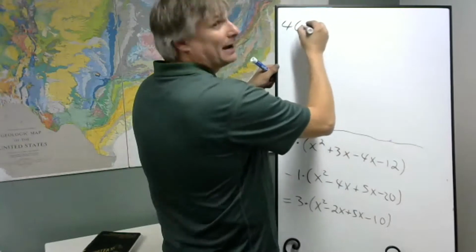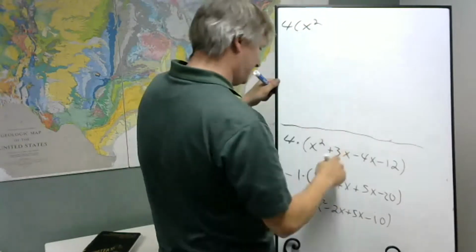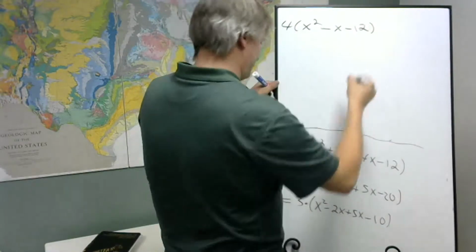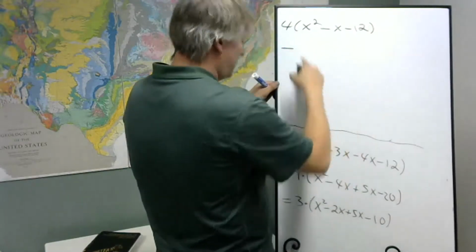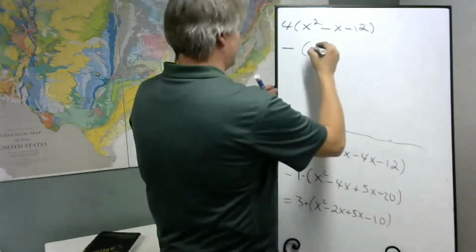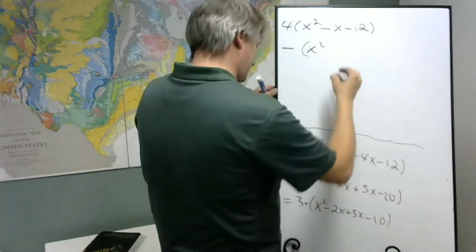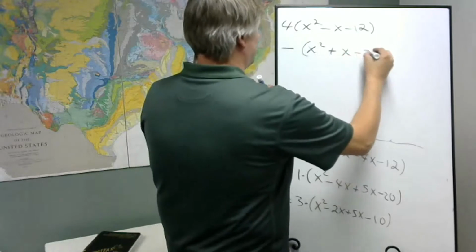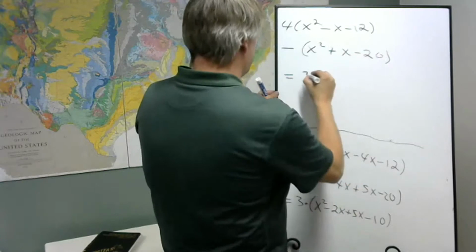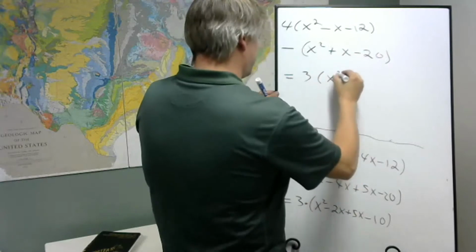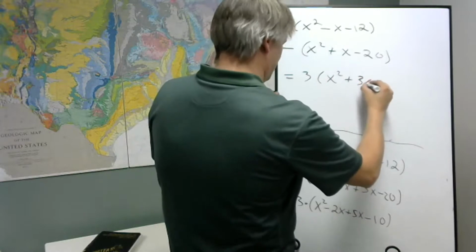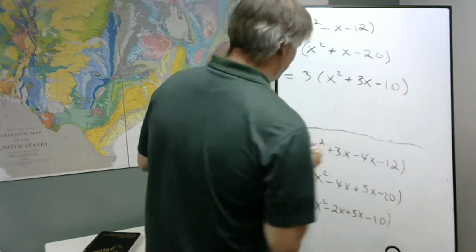So we get 4, combining like terms now, x squared minus x minus 12. Subtract, and 1 times anything is just anything, x squared plus x minus 20, is going to be equal to 3 times x squared plus 3x minus 10.